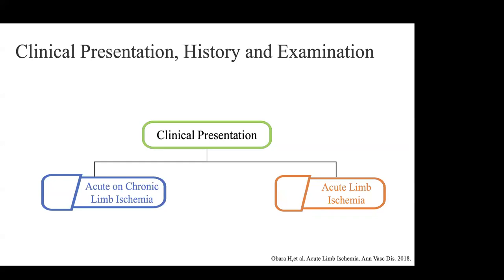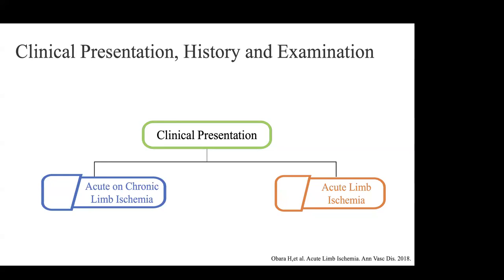In acute on chronic limb ischemia, the patients will already have an underlying known peripheral arterial occlusive disease, and they may have undergone prior revascularization procedures, and they will come with a sudden increase or worsening of the symptoms.